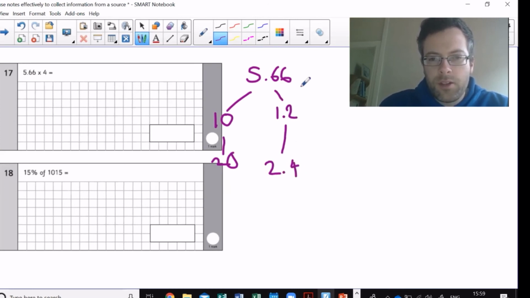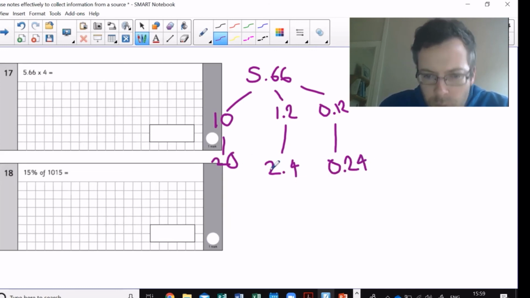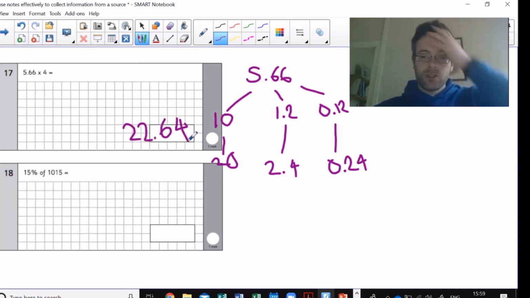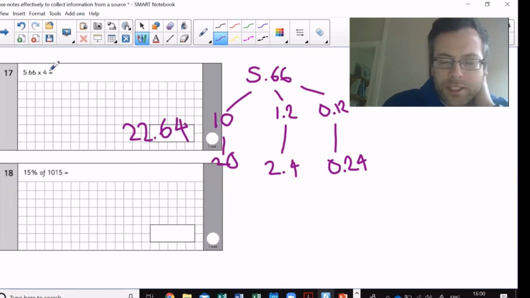And then 0.06 times by 2 is going to be 0.12, and then I double that to get 0.24. So my answer is going to be 22.64. If I was going to use a written method for that, I would have done 566 times 4 and then divided it by 100 again.